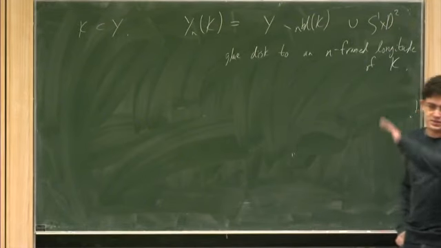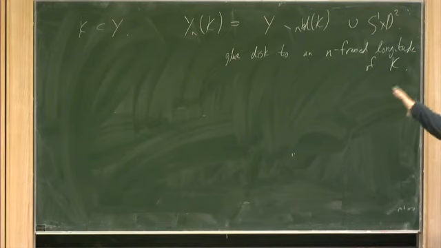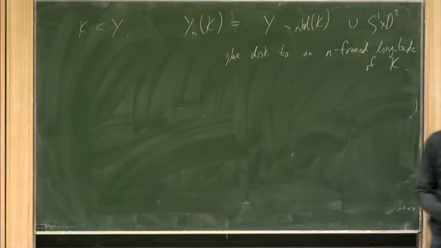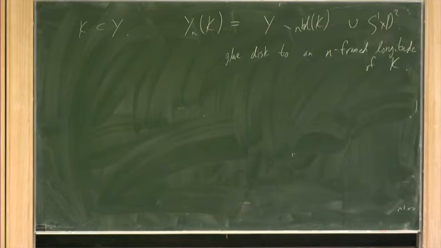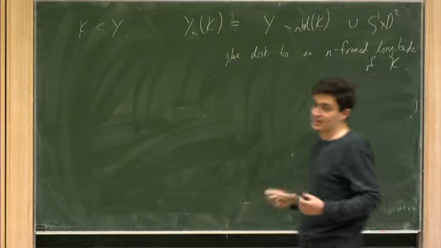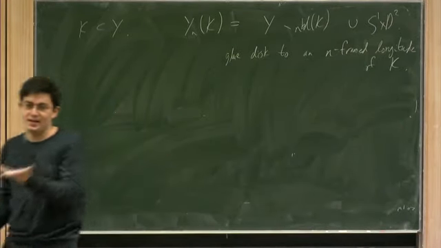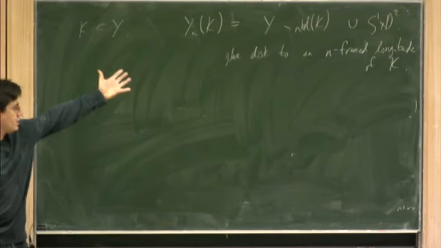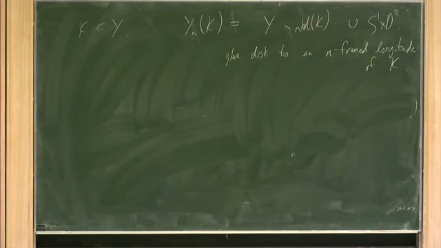The boundary of the Seifert surface gives me a longitude, and I'm going to call that 0, and then by adding copies of the meridian, I can parameterize the rest of the longitudes. So the n-framed longitude is the Seifert longitude plus n times the meridian. That gluing is going to describe Y_n(K).